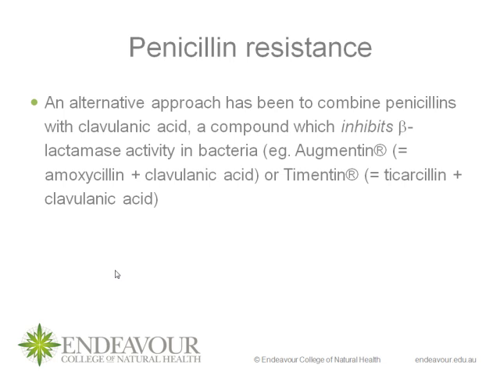So an alternative approach for the penicillins has been developed, and that's using a second chemical, clavulanic acid, in the formulation. So formulations such as Augmentin contain amoxicillin and this clavulanic acid. Timentin contains ticarcillin and clavulanic acid, and the clavulanic acid binds on to the beta-lactamase enzyme and inactivates it.